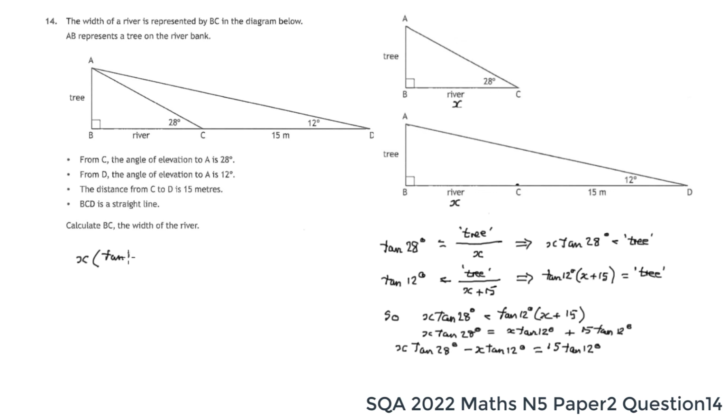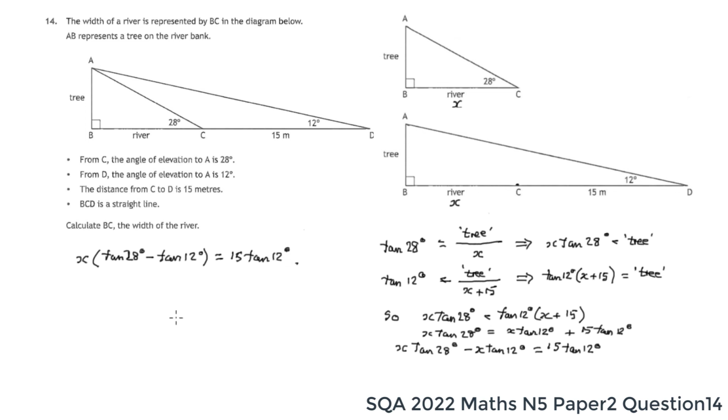Now just have a wee look at what we've written there, and let's do the backward step. Let's multiply out. So it'll be x times tan 28 minus x times tan 12, which is what we're looking at there. So that's okay. We've taken out a common factor outside the brackets. And on the right hand side we've got 15 times tan 12.